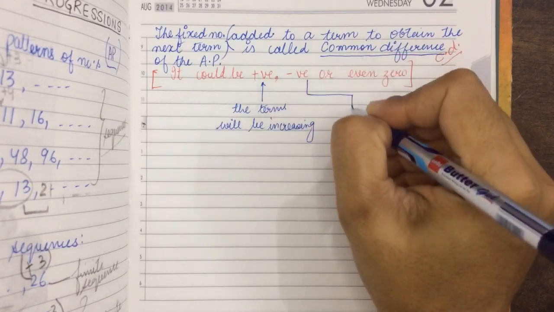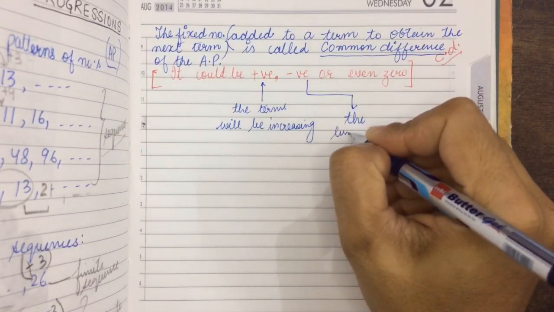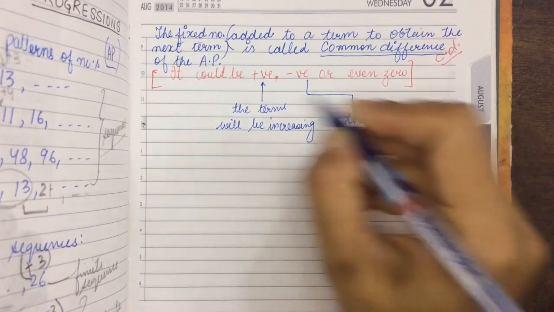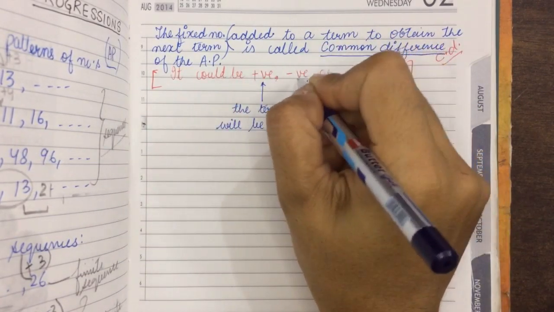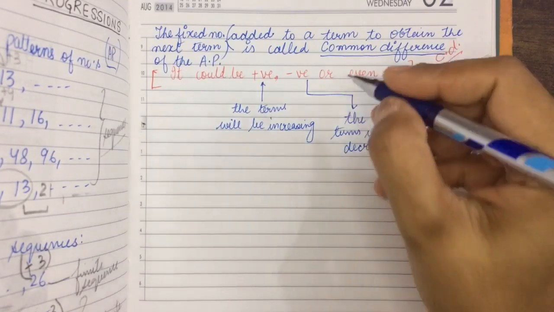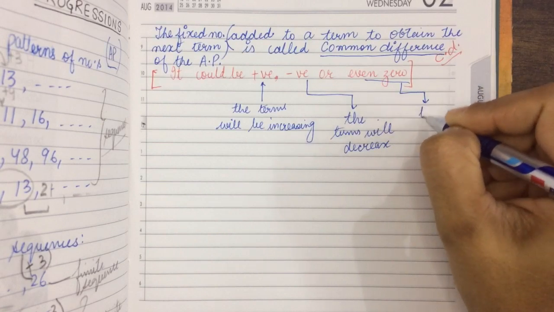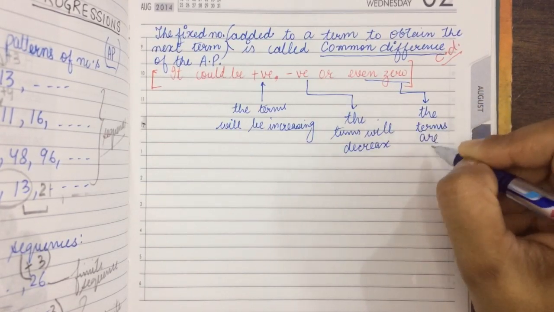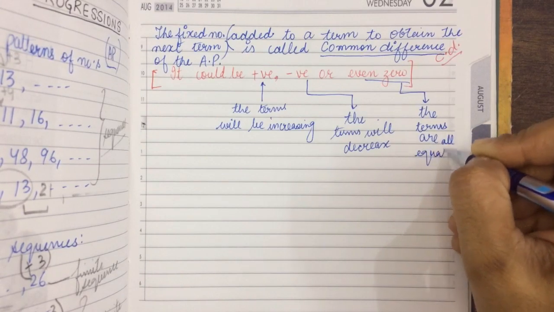In this case, the terms will decrease because if we add a negative number, it simply means that we are subtracting something. And if we add 0, the terms are all equal.